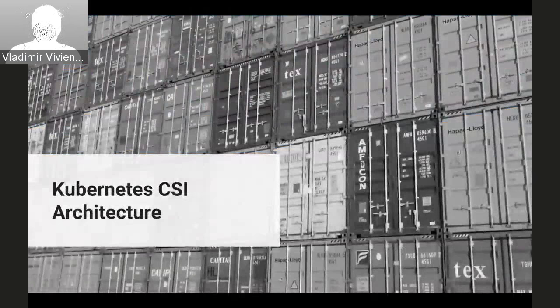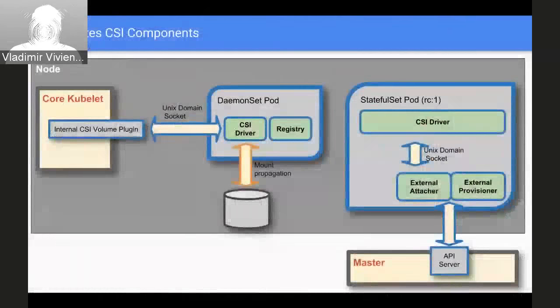Now let's take a look at the CSI architecture itself. There are three main components when we're talking about CSI inside Kubernetes. You have core Kubernetes, which is the kubelet, which still is responsible for the coordination of storage, and then you have the external pieces of the drivers that are responsible for handling the storage operations supported by the drivers.